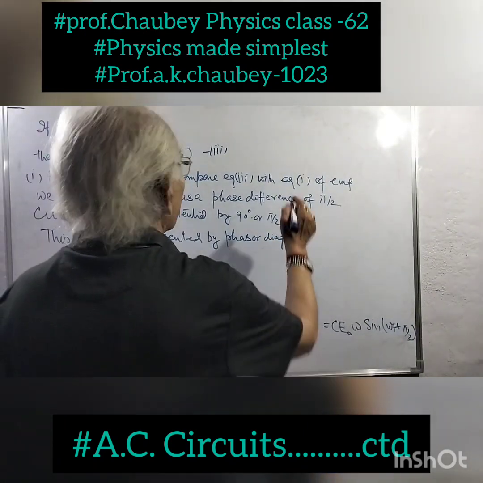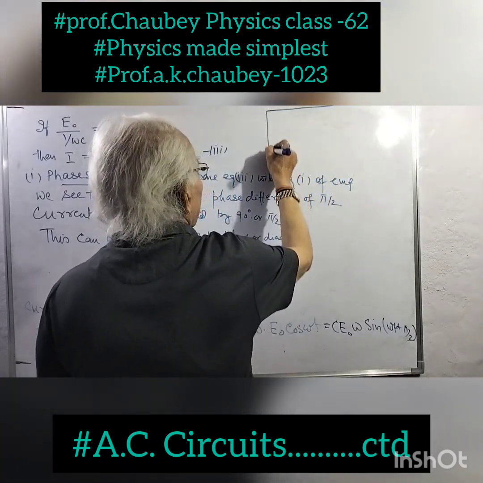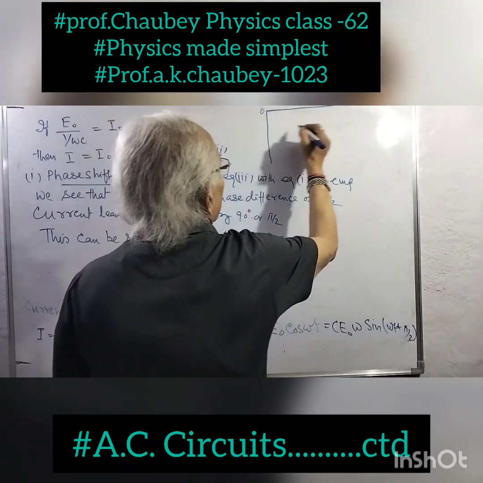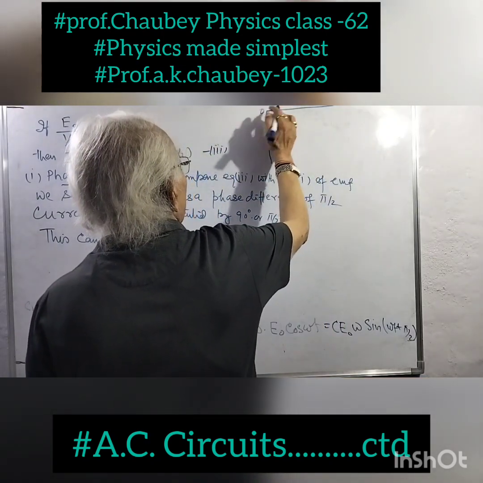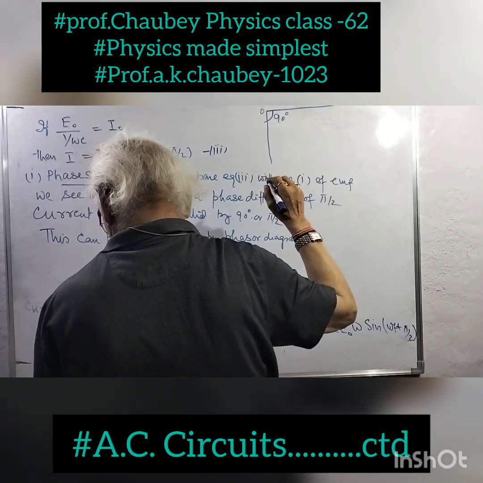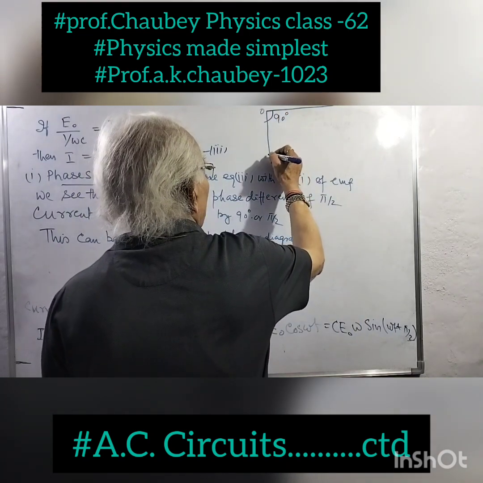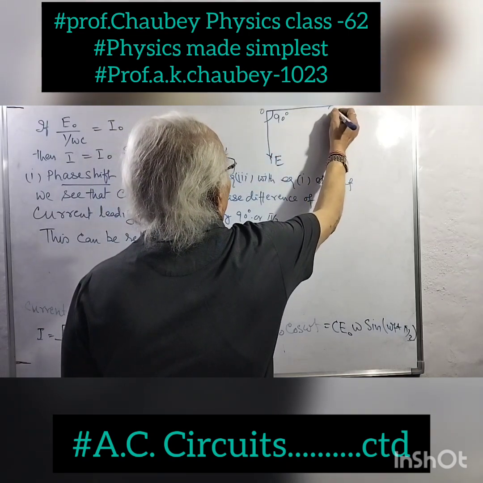What is the phasor diagram? So we have, this is the potential and this is the current. Zero is this, the potential is represented by here, this is a 90 degree. This is the potential E. This is the current I.